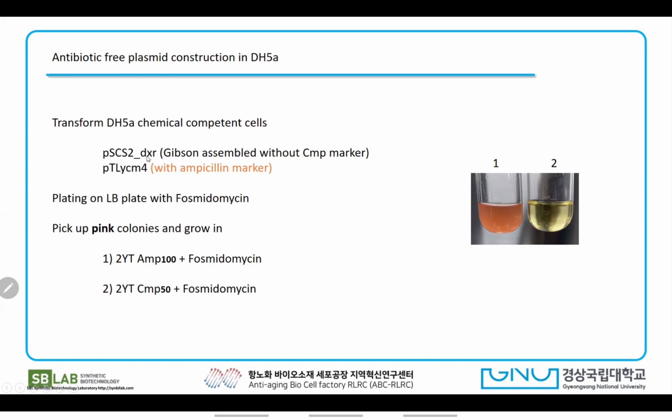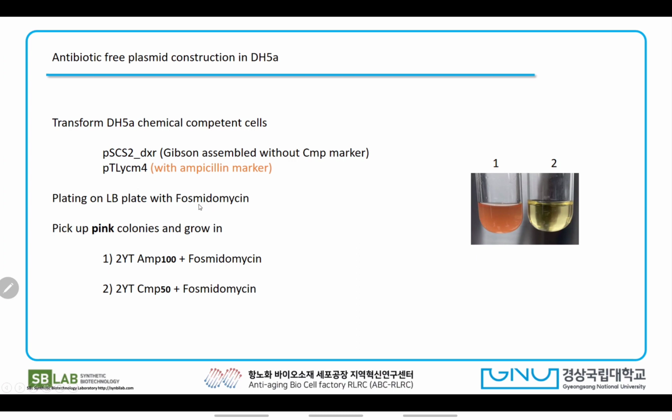Along with this plasmid, we mix PT-LYCM4, since this plasmid cannot survive alone. So we mixed PT-LYCM4 with the ampicillin marker, transformed into DH5 alpha competent cells, and then plated them on phosmidomycin. Phosmidomycin addition will block the MEP pathway.